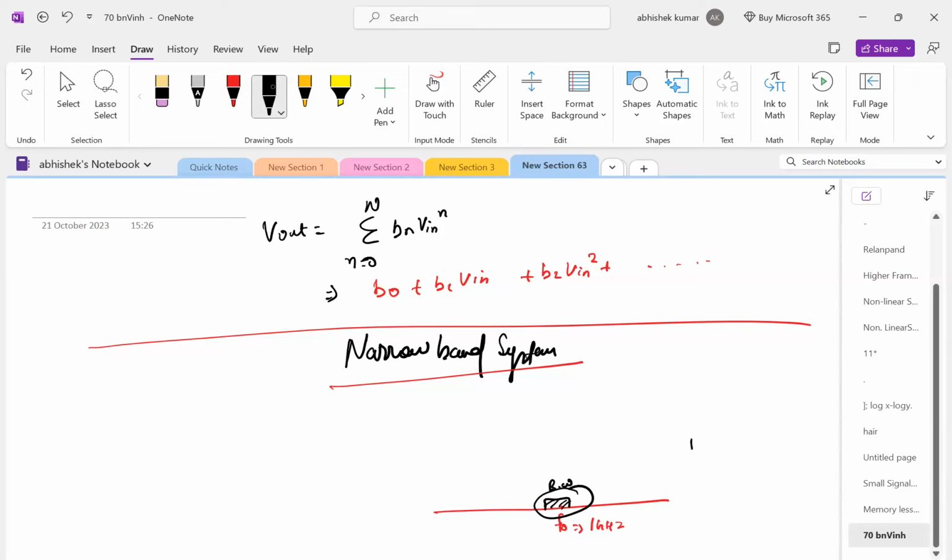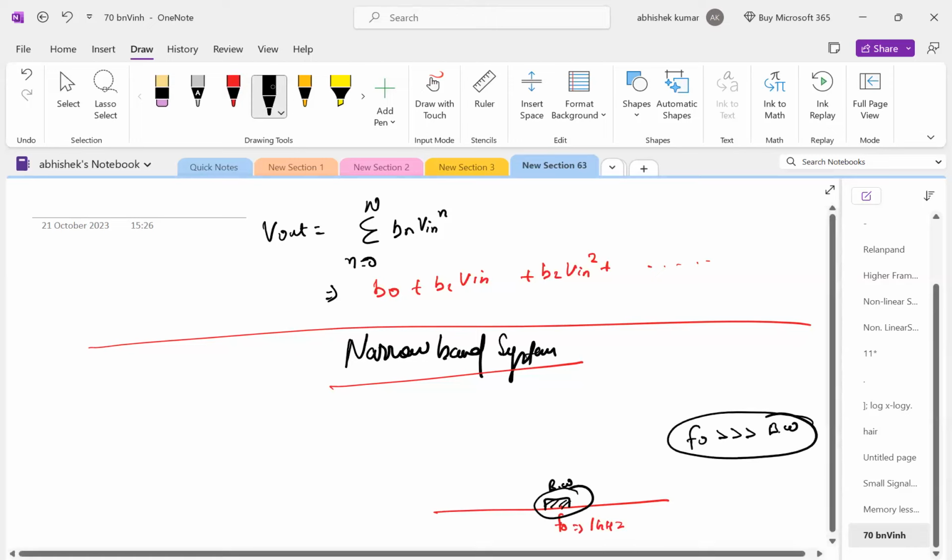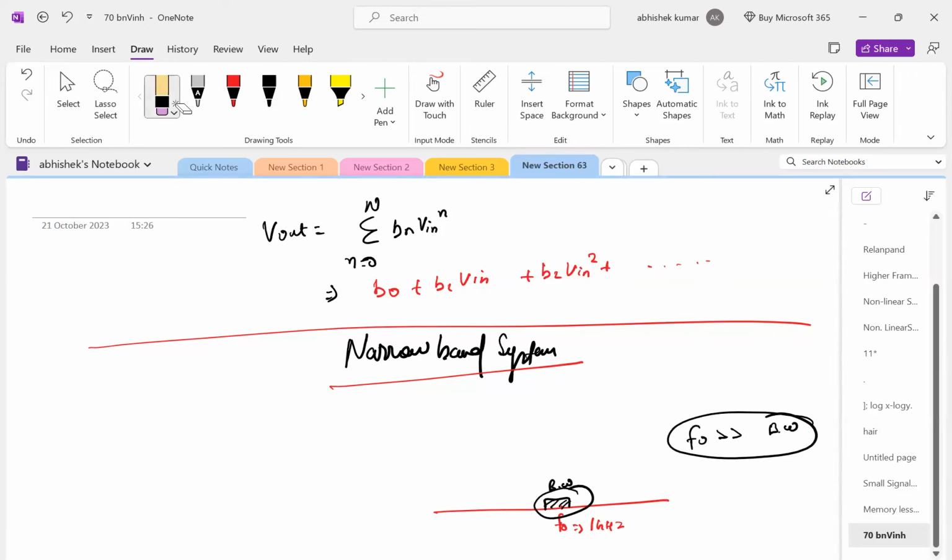It means that if your F0 is very much greater than your bandwidth, then you can tell that it is a narrowband system. What do we mean by narrowband system? If your signal bandwidth is small compared to your center frequency, that is known as a narrowband system. Are you getting it?